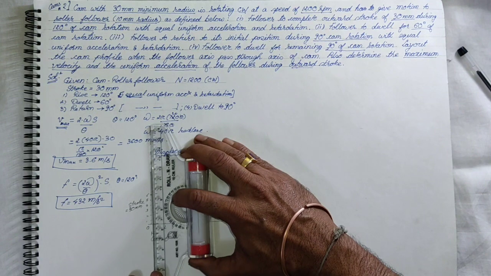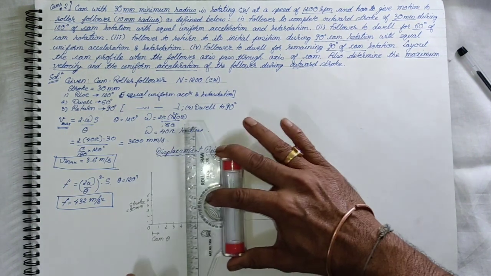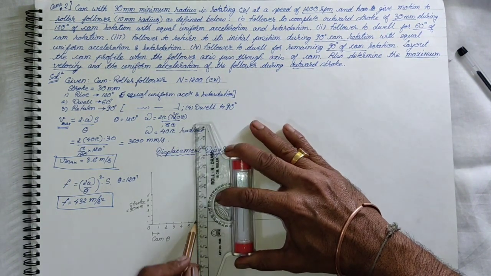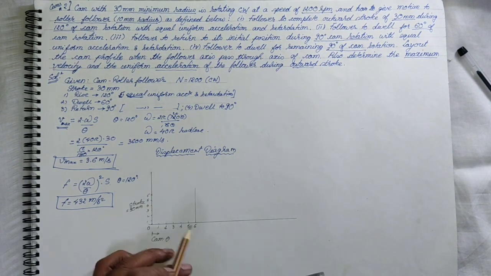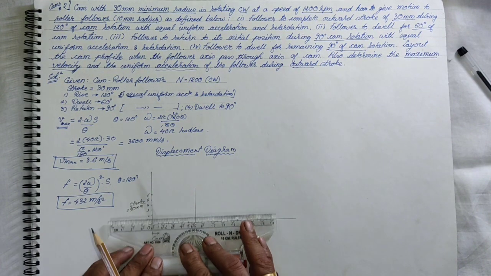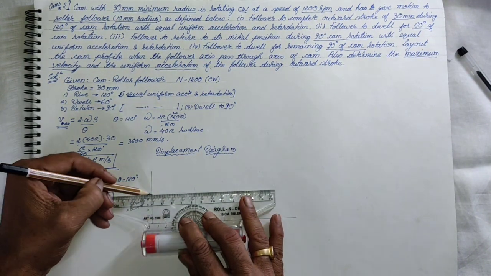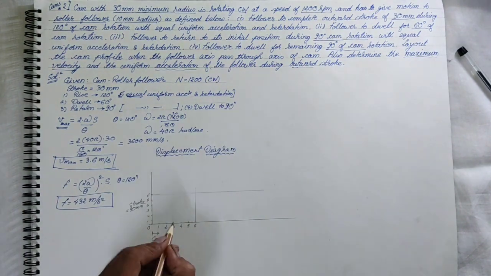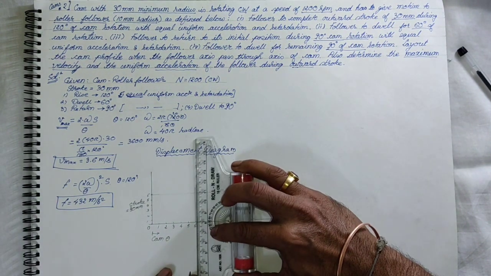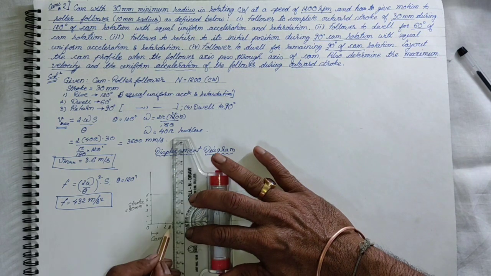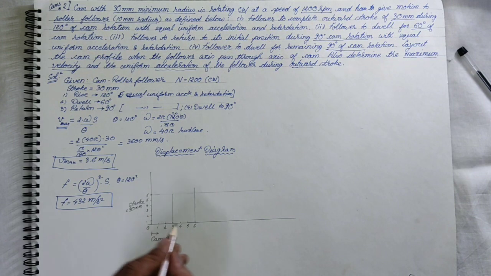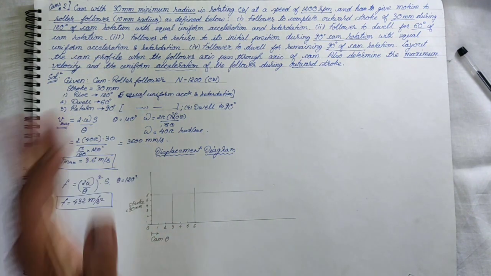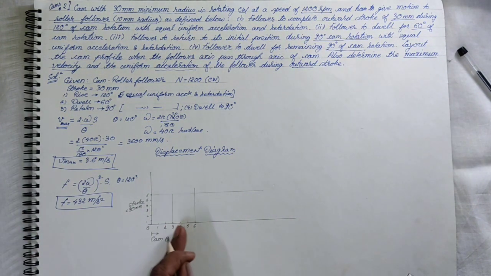To get this, we'll be applying the rectangle method of getting a parabola. From the 6th end and from the horizontal, I take this midpoint because it is half of the displacement. So for the first 3 steps the follower is accelerating, and for the next 3 steps the follower is retarding. This is for acceleration, this is for the retardation part.